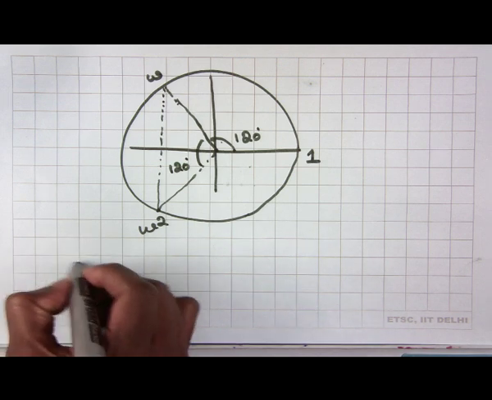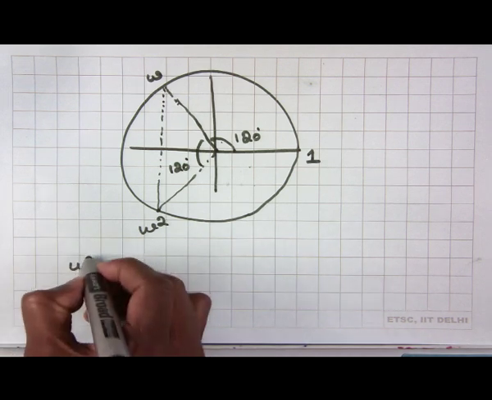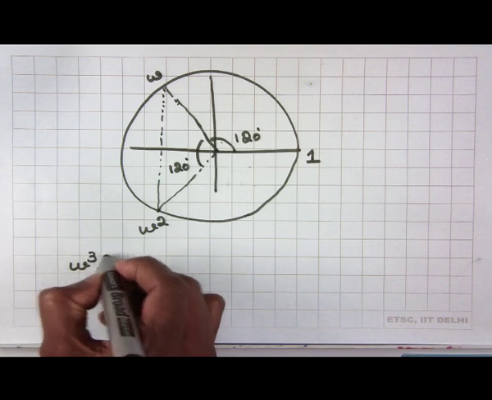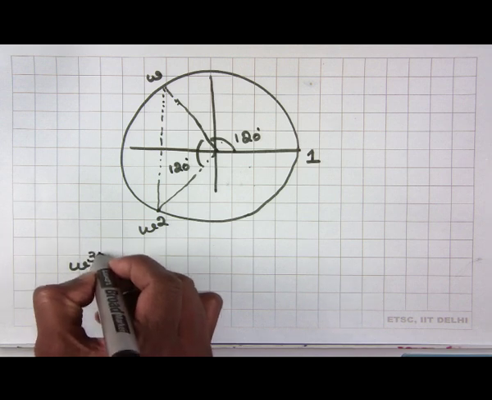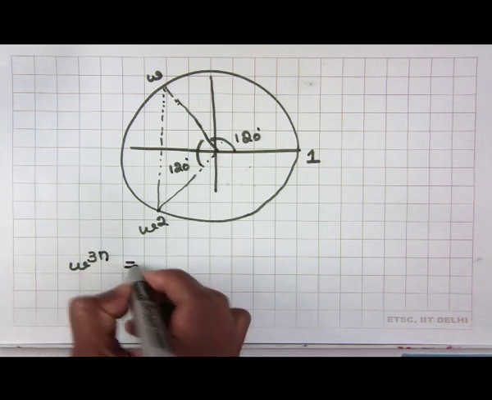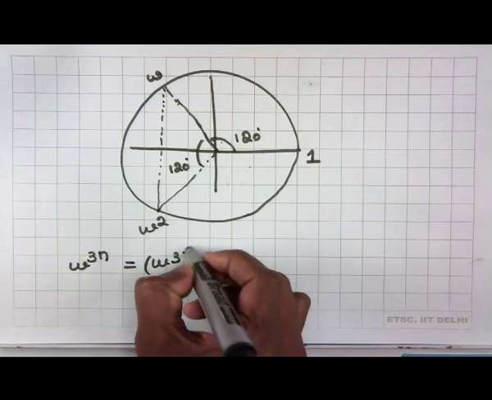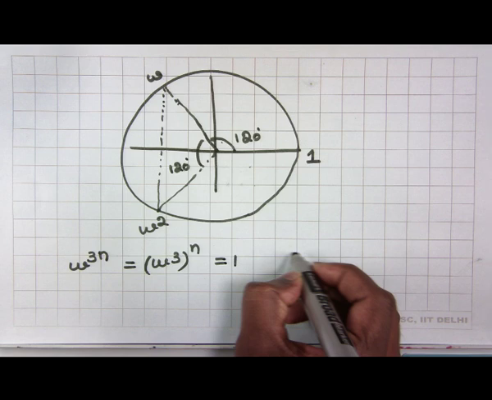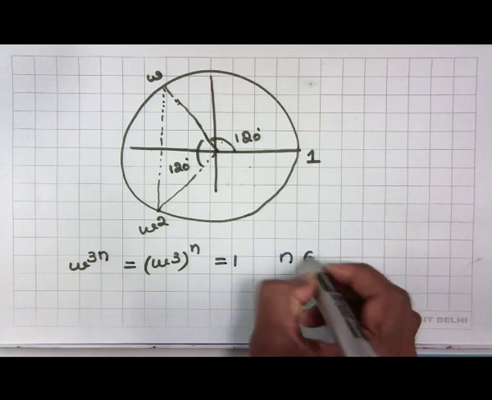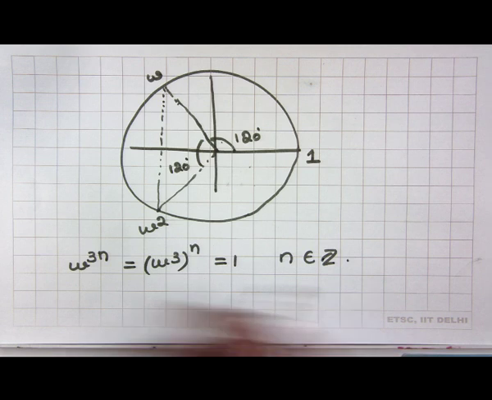And in general if you consider omega power 3 power n, this is 1, n being any integer.